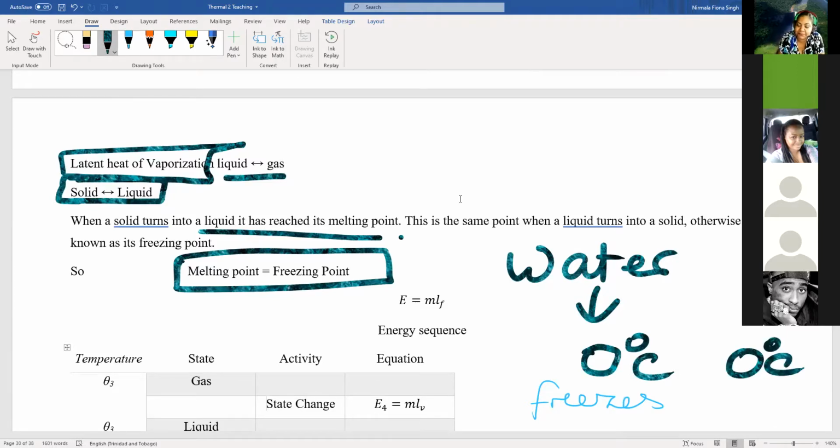Ice starts to melt at 0 degrees Celsius. Ice is the solid form of water, and ice begins to melt at 0 degrees Celsius.